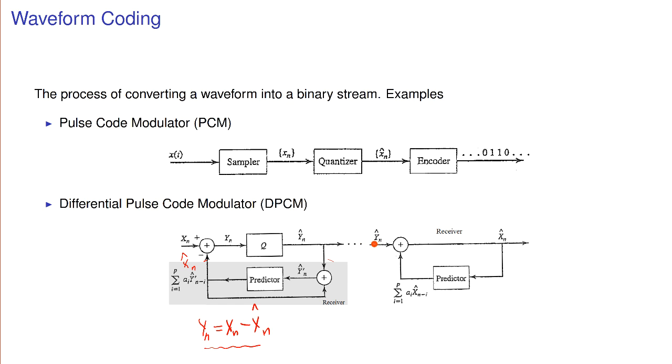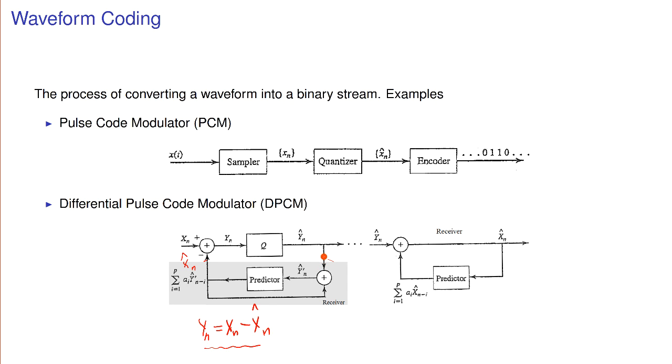The receiver uses these. This is the error of the prediction. The receiver is exactly this block, from this point to this point. If you have x hat n, you predict it and then add the error, and you get the same signal.